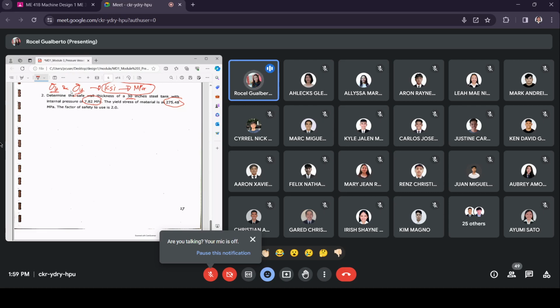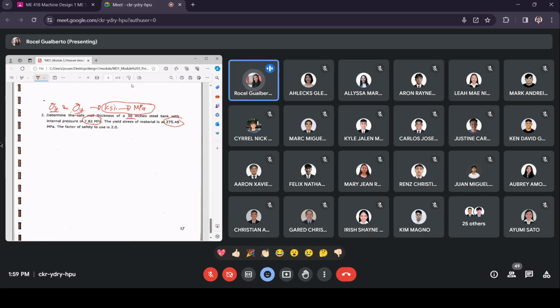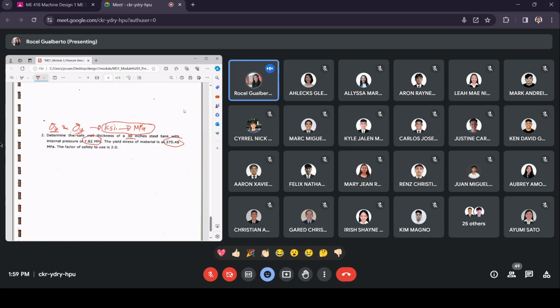So it is on the material specification that you convert their values into the megapascal or SI. So what do we use in the conversion? Just the same as that of the pressure. For the pressure, 14.7 psi is equal to 101.325 kilopascal. So same conversion would be used here. So yan po yung gagamitin natin in order to convert.